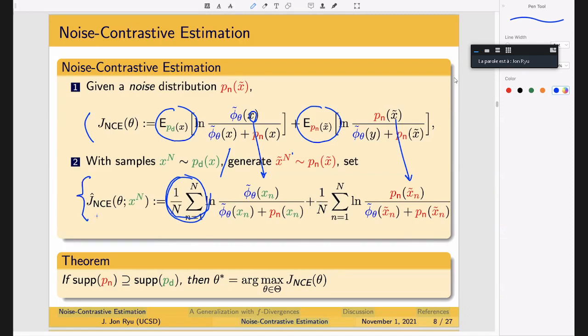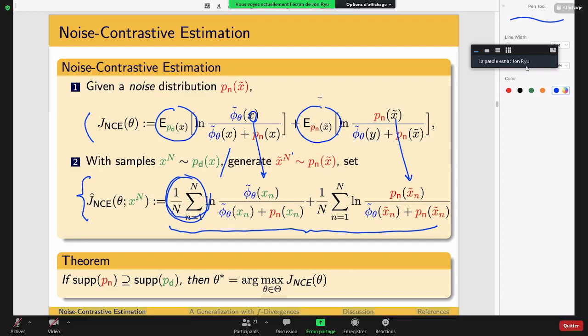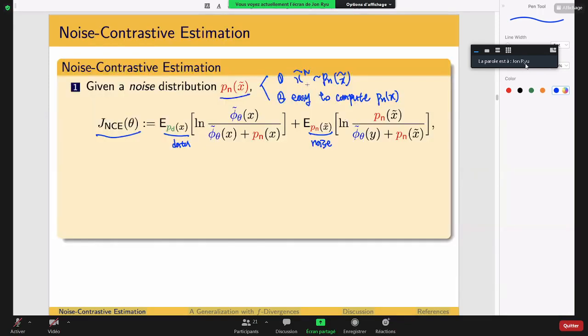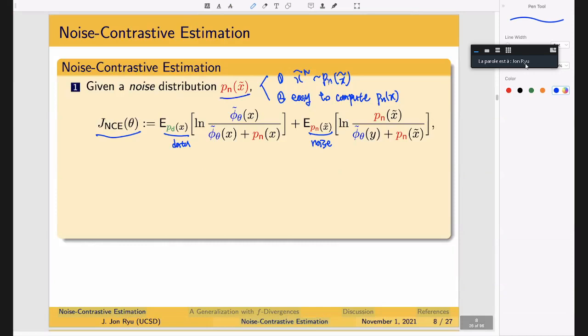So to estimate the parameter of the unnormalized distribution, given samples, we are going to compute this objective function. And as I mentioned before, typically we optimize it by gradient-based methods, for example, stochastic gradient descent and so on. Another comment is that I assume it's easy to draw samples from the noise distribution, and it is easy to compute the density.